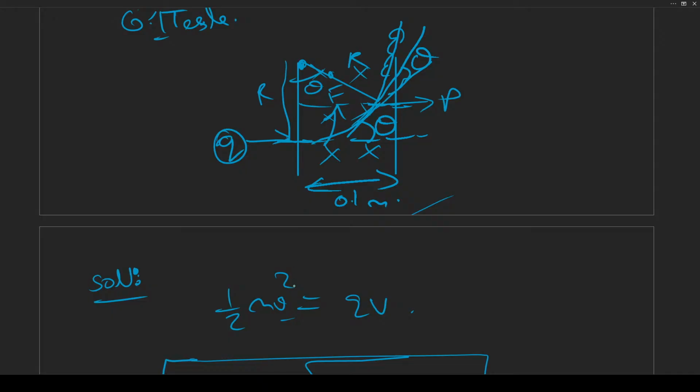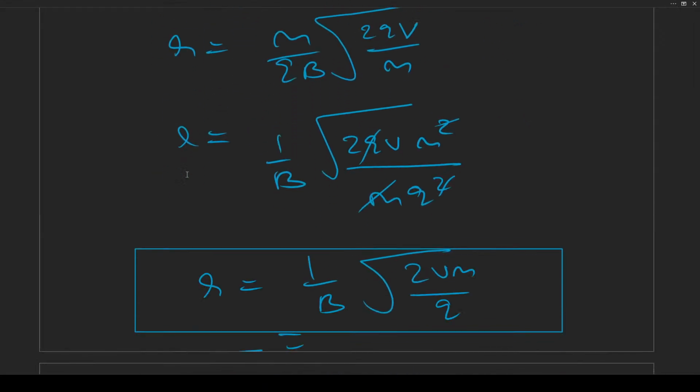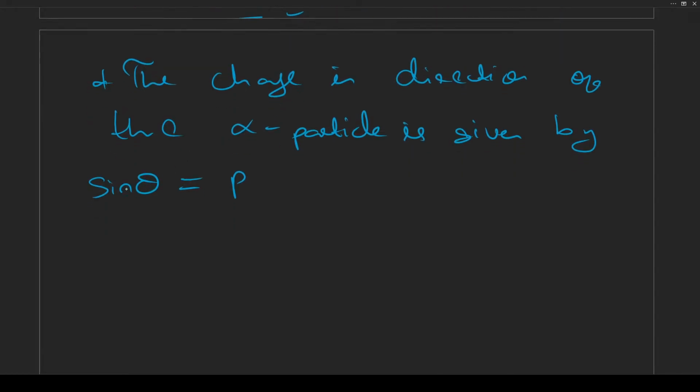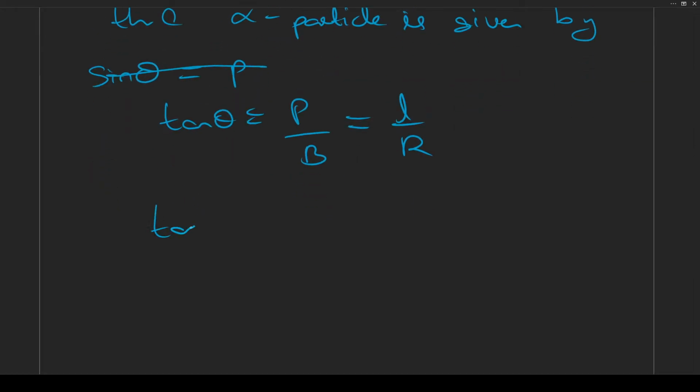Wait a second, it's not sine theta. Yeah, I believe it is tan theta, which is equals to P by B, which we will get it to be L by R, and R value we know. Substituting it, we will get tan theta, which is equals to L by L times B root of 2, I mean Q 2mv.